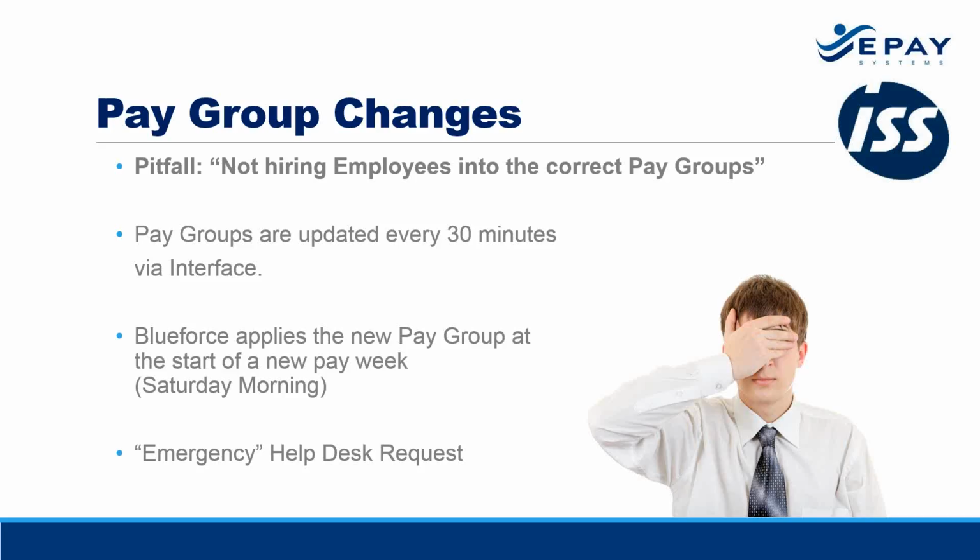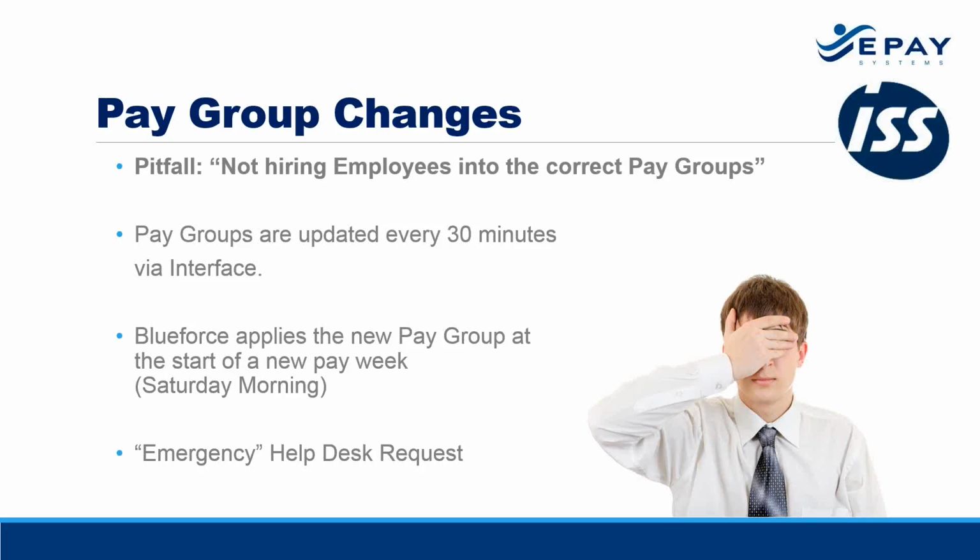Now, the only exception to this is that the actual pay group is not applied by Blueforce until the start of the new pay week. So if I have an employee who has been assigned to a non-union pay group, and he's been punching in and punching out since the beginning of the pay week, which was this past Saturday, and we're here already on Tuesday, we realize he's on the wrong pay group.